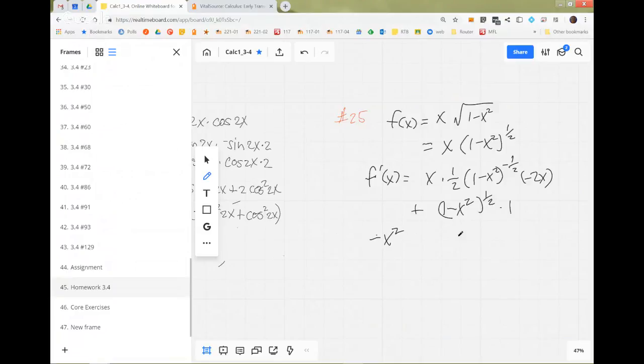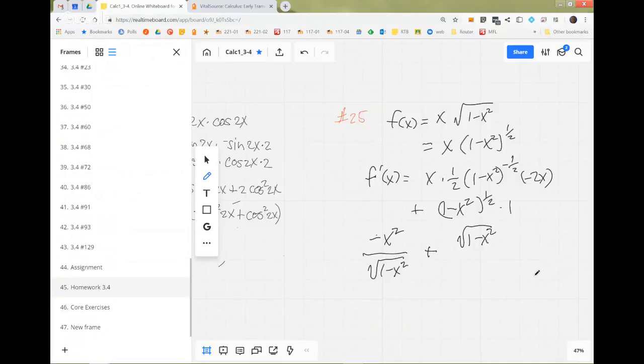And then that's over the square root of 1 minus x squared. And then we've got a square root on the top because it's to the positive 1/2 power. Now, I would simplify that, and I'm guessing the book would too.